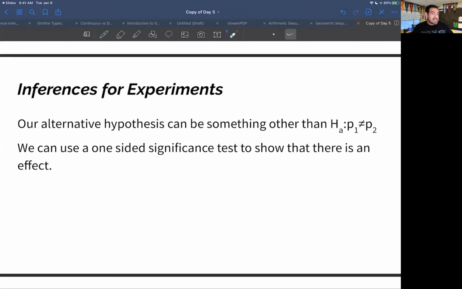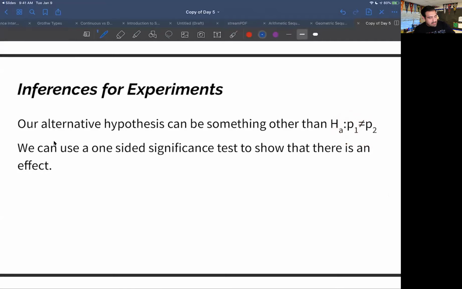Like I was saying earlier, we could use a one-sided alternative hypothesis if need be to show that something is giving an improvement, right? That depends on your experiment. Think of an experiment where we're testing to see if a scarecrow actually does help preserve crops from birds. I can test the proportion of corn eaten with a scarecrow being less than the corn eaten without a scarecrow.